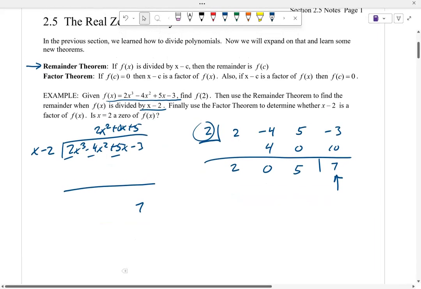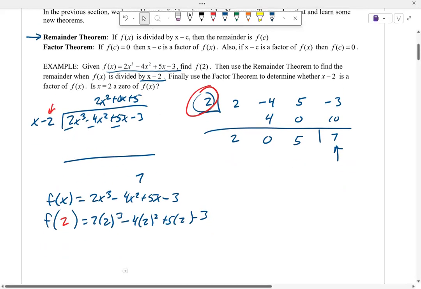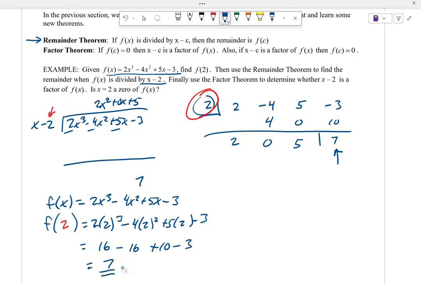Well, this remainder theorem is saying if this is my original function, my dividend, if I'm dividing by x minus 2, whatever that term is, right, x minus, in this case, the 2, if I just plug it in, that's my remainder.